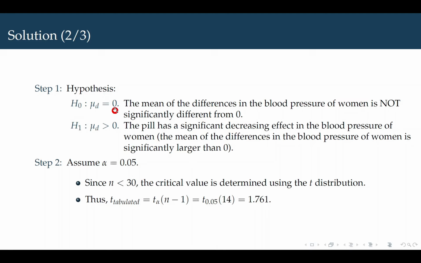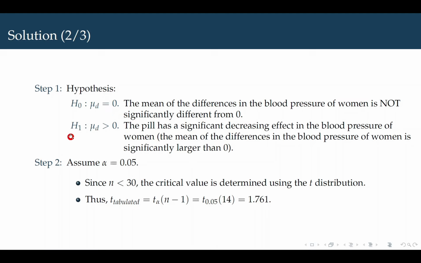That means the population mean of the differences in the blood pressure of women is not significantly different from 0. Then, if this hypothesis holds true, that means the treatment has no significant effect, or the pill has no significant effect on the blood pressure of women.